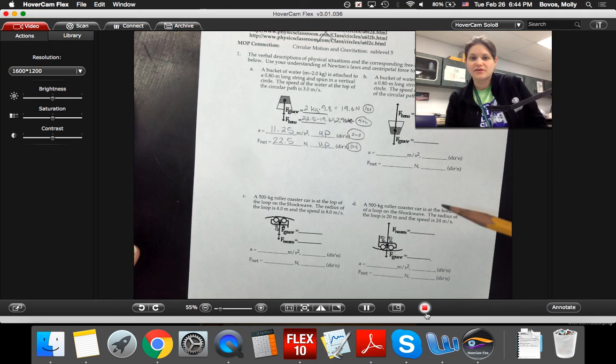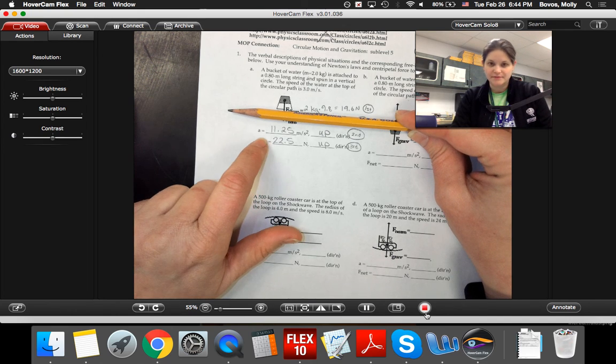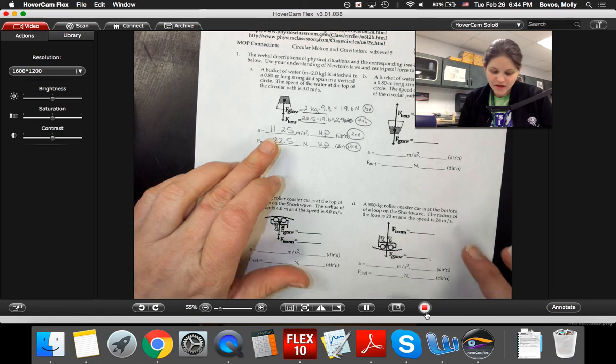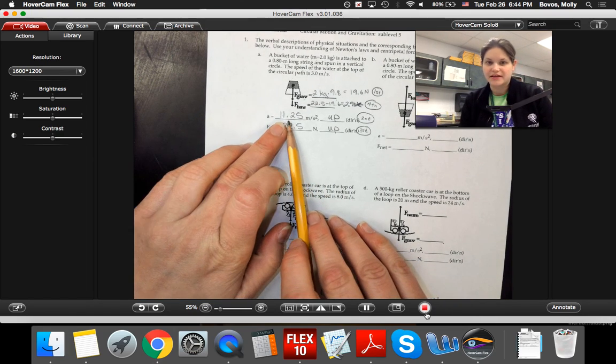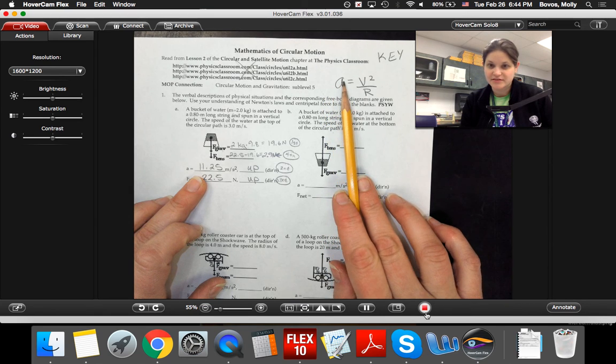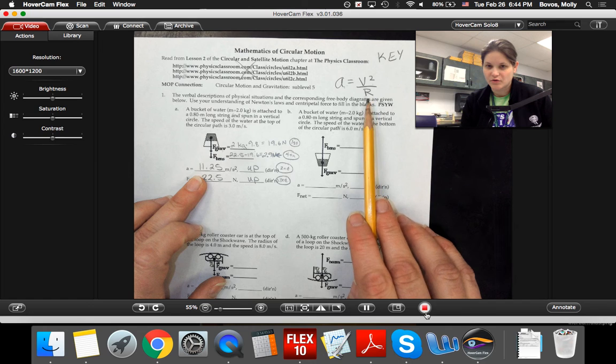The next thing that you are going to do, you're going to skip calculating tension. You're going to come down and calculate your acceleration. Okay, so we know that we can calculate centripetal acceleration using the formula velocity squared over r, which is the radius. So that's going to be the length of our string.